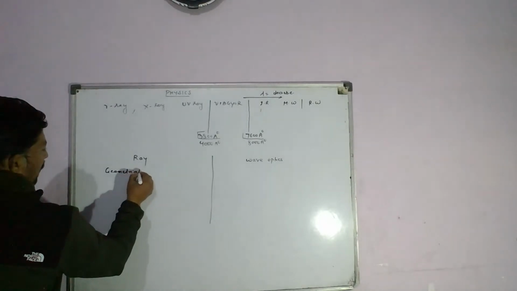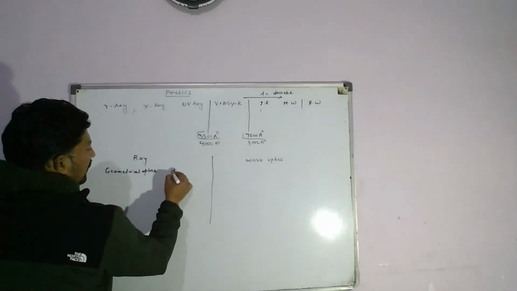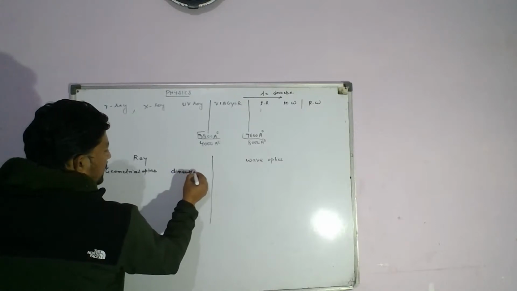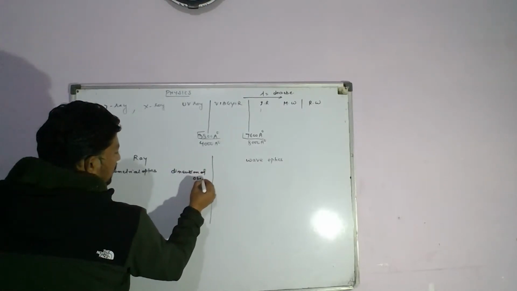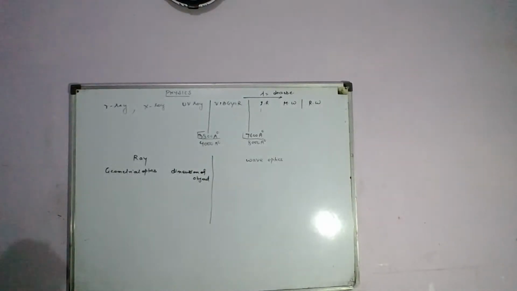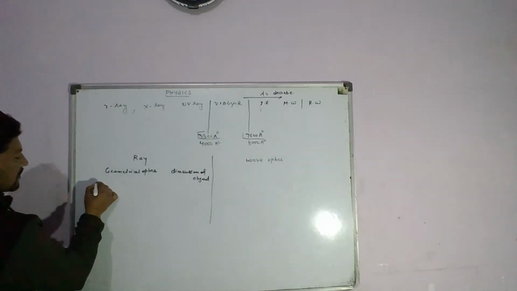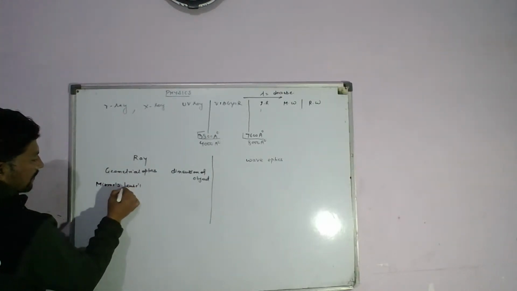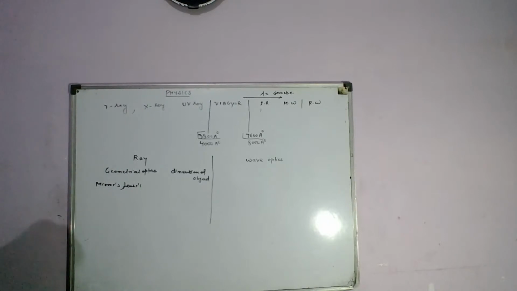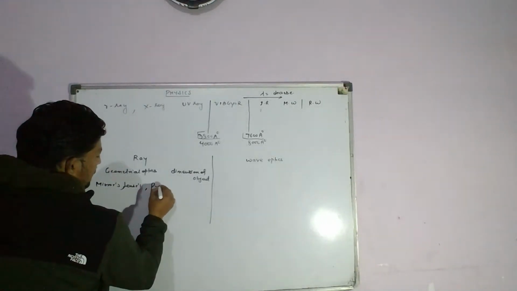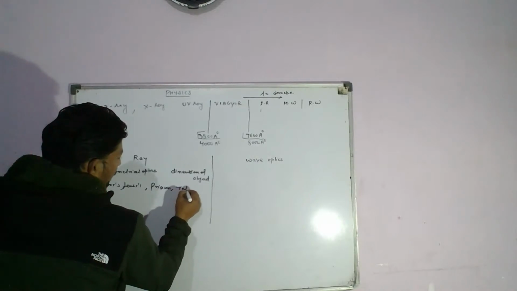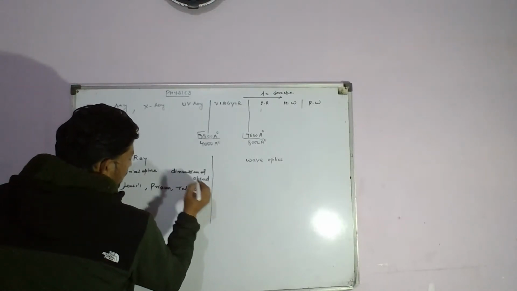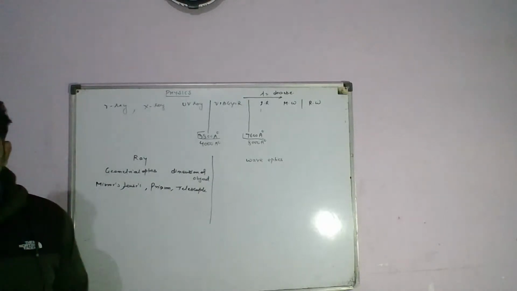Do you know what geometrical optics is? The dimension of the object, mirrors, lenses, prism, telescope, simple microscope, compound microscope, astronomical telescope.